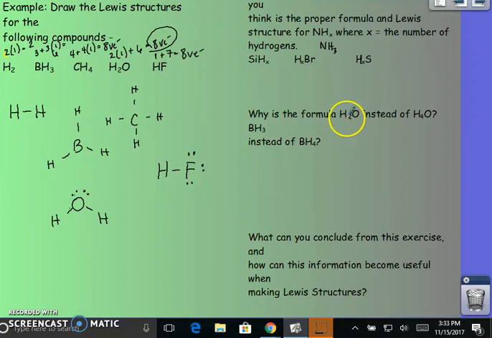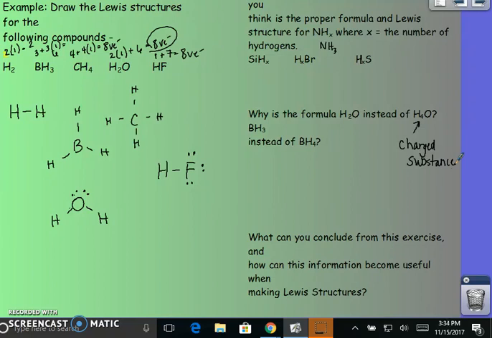So why is the formula H2O instead of H4O? Why is it BH3 instead of BH4? Well, it's all about their capacity for electrons. They only take what they need. If you had H4O, this would create a charged substance. Folks, charged substances are not stable.